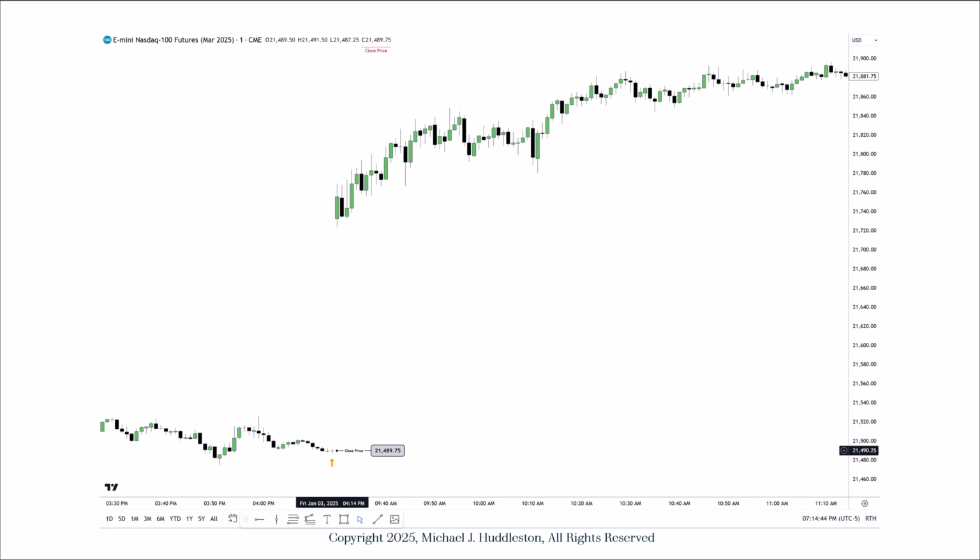We're going to be looking at this candlestick right here on a 1 minute chart. That's the time frame that's being shown here. If you take a look at this candlestick's closing price, you can see it up here, 21,049.75.